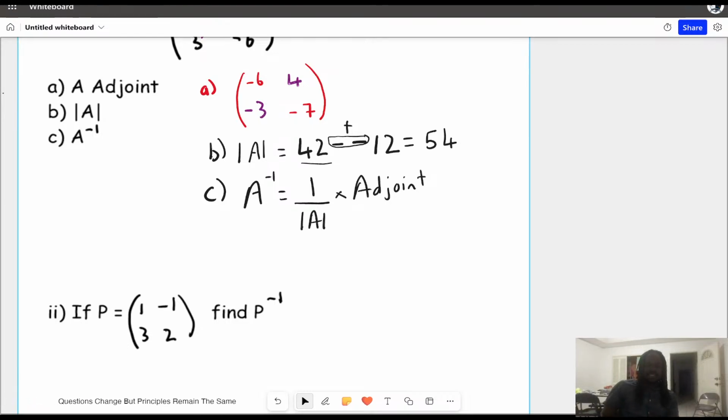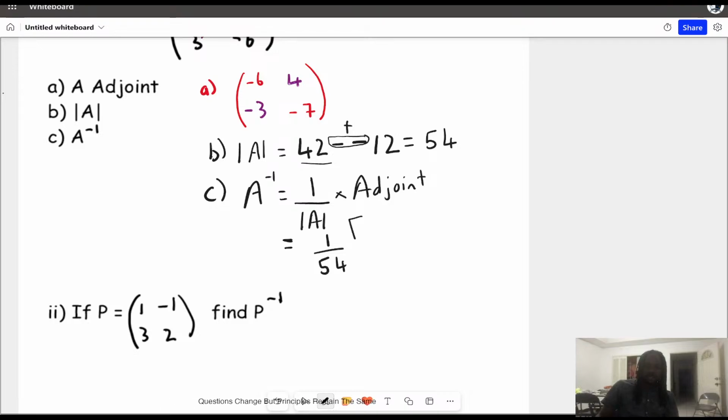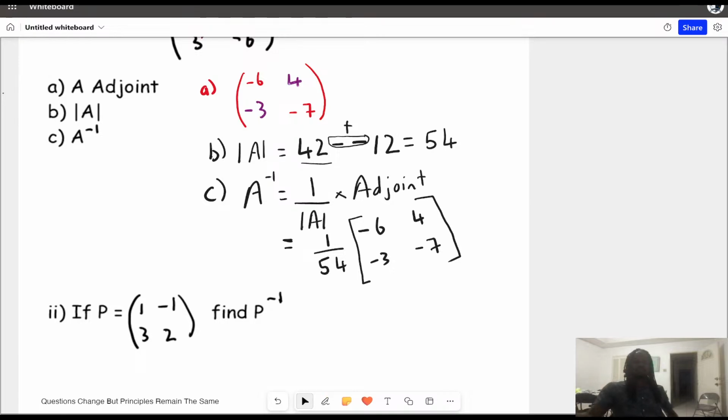What's my final answer here now? So 1 over, what's my determinant? 54, multiplied by, now we don't have to use the actual multiplication symbol, we can just combine them. What's the adjoint? Negative 6, 4, negative 3, negative 7. That's my inverse right here.